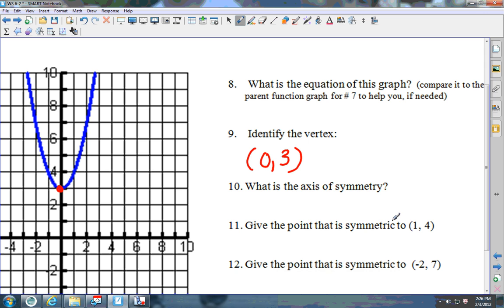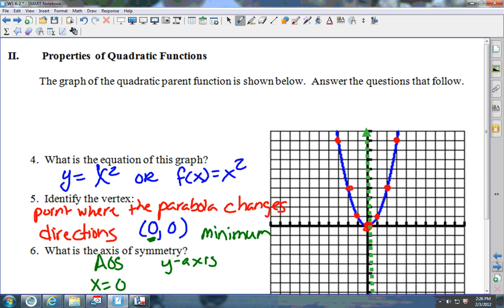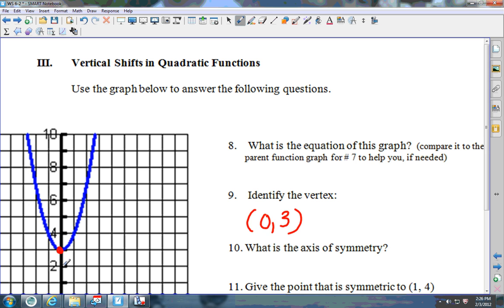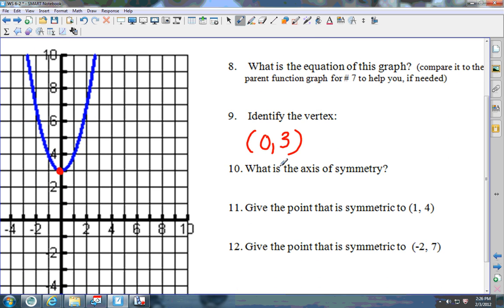Well, what happened between this parabola and the parent function? All we did was we moved it up. We shifted it up 3 units. So my equation is y equals x squared plus 3.